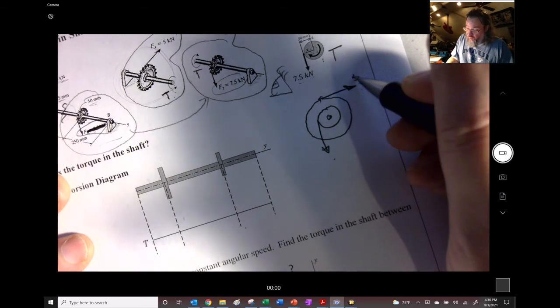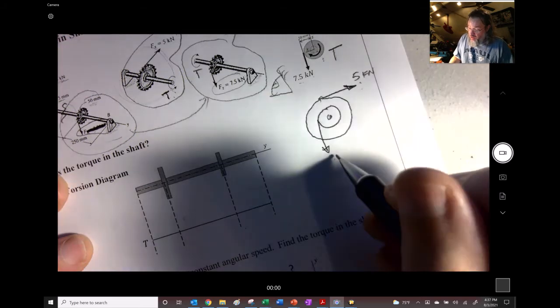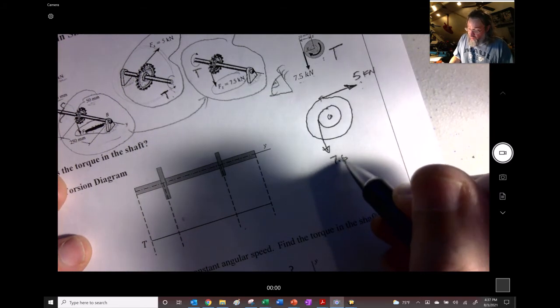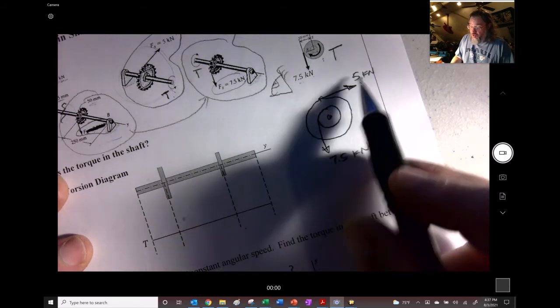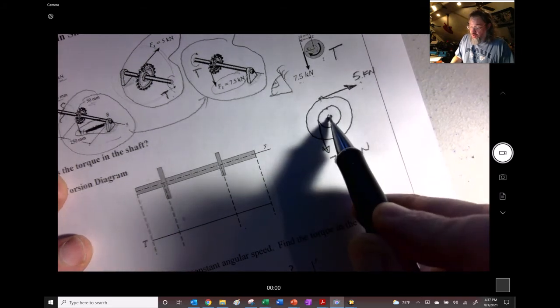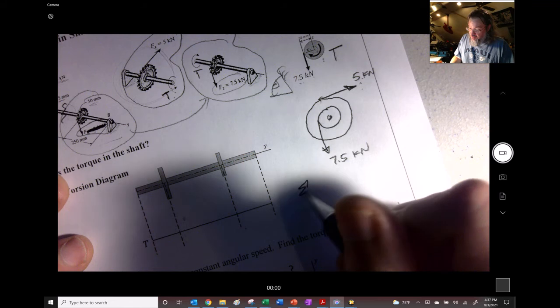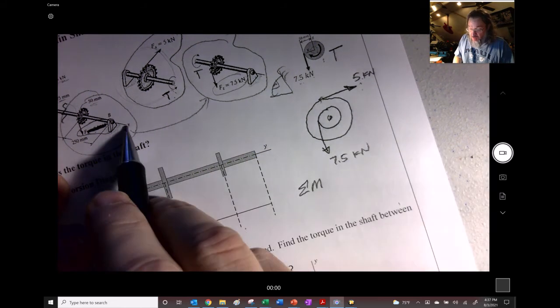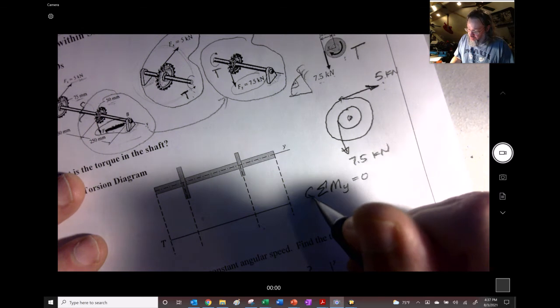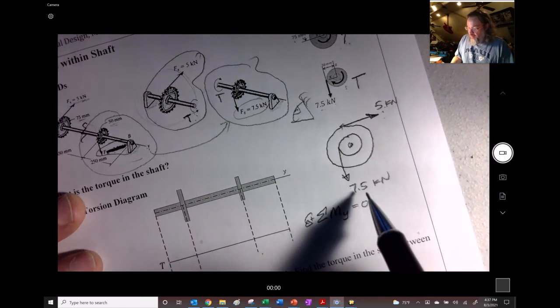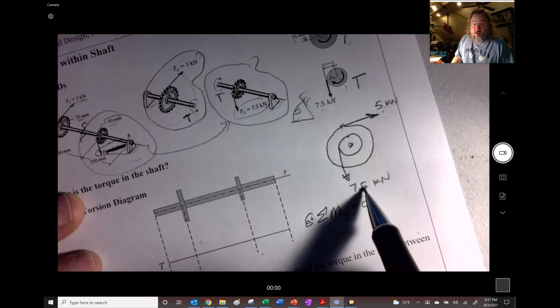This 5 kilonewtons and this 7.5 kilonewtons right there, if we do the sum of the moments about this center point, sum of the moments about the y-axis equals 0, we would say that's counterclockwise, therefore positive.